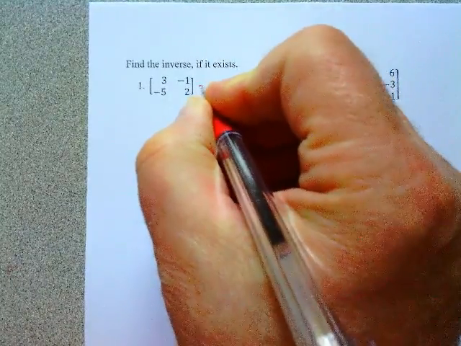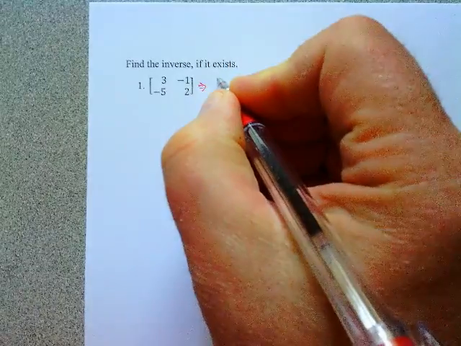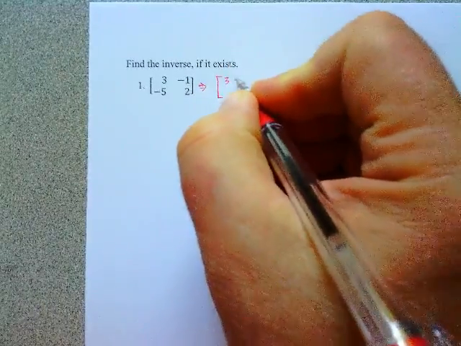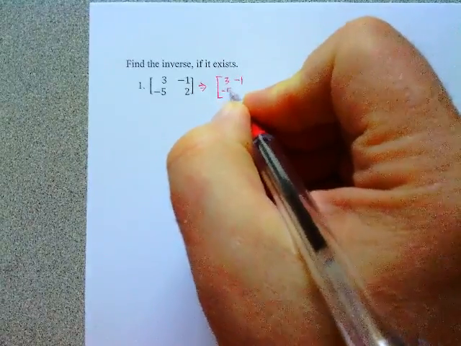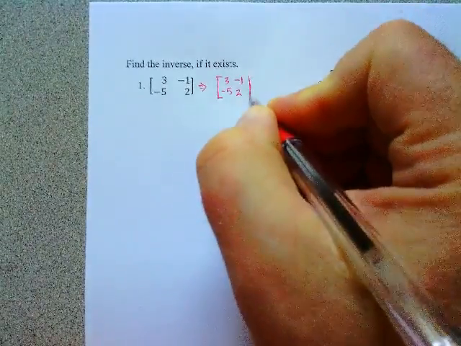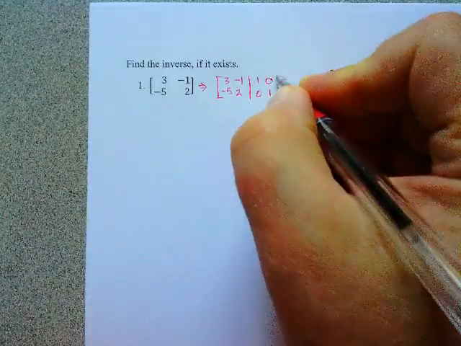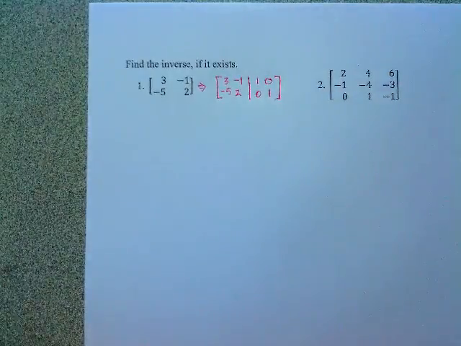So here we're going to rewrite it as first the matrix that we're given, a line, and then 1, 0, 0, 1. So that's our starting point.